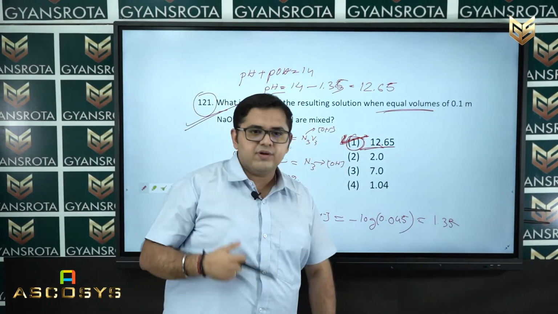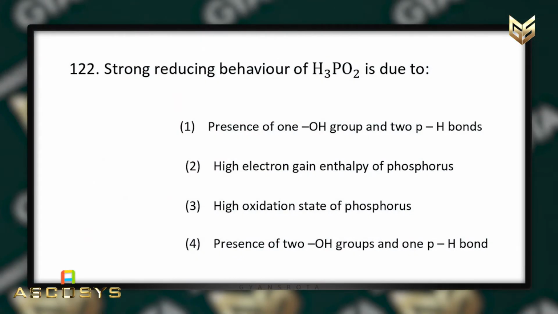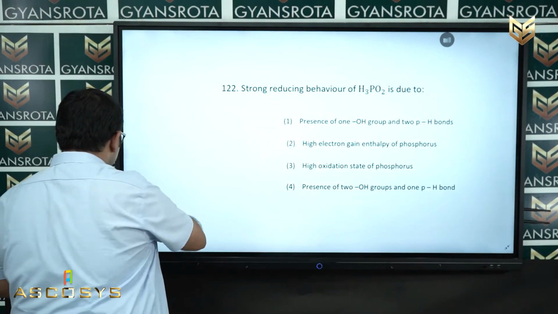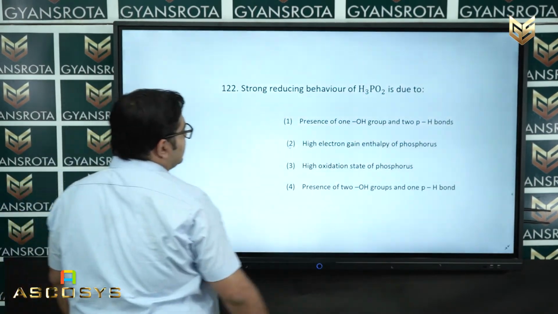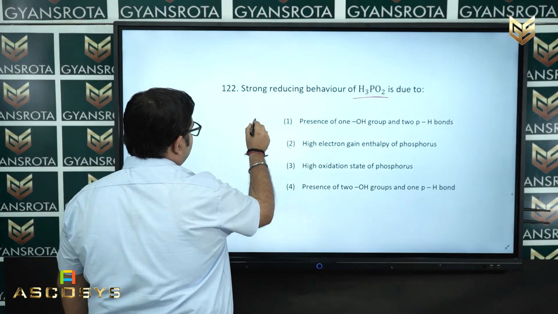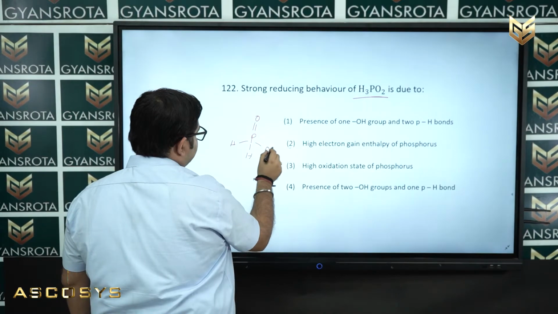Now we are moving to the next question, question number 122. Question number 122 is on your screen. Strong reducing behavior of hypophosphorus acid is due to. Now we are moving to the solution part. This is hypophosphorus acid, and the structure is P double bond O, H, H and OH.